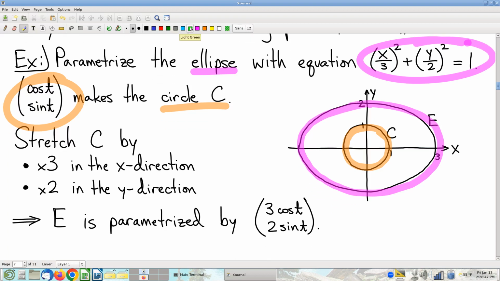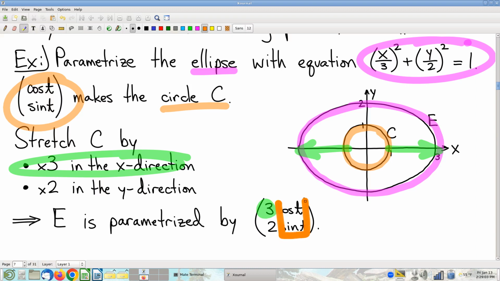I'm clearly going to have to stretch by a factor of 3 in the x direction, and that's where that 3 comes from. I'm taking this original orange parameterization and stretching in the x direction by a factor of 3, literally multiplying all the x coordinates by 3.